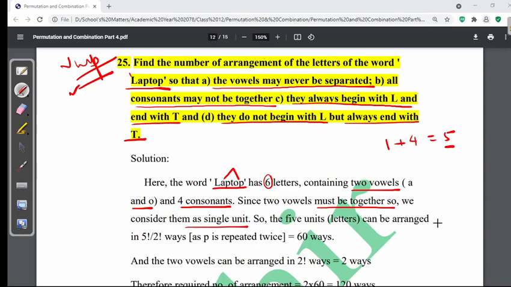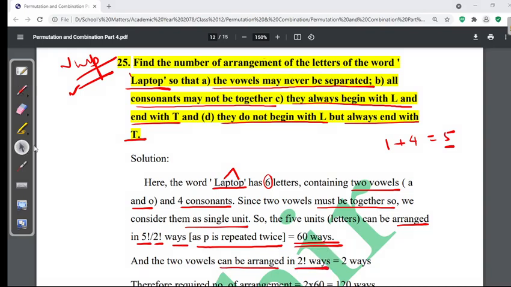And it can be arranged into 5 factorial ways, but among the consonants P is repeated, so it can be arranged into 5 factorial by 2 factorial ways. As P is repeated twice, it can be arranged into 60 ways. Again, the two vowels are not the same, so the two vowels can be arranged in two different ways.